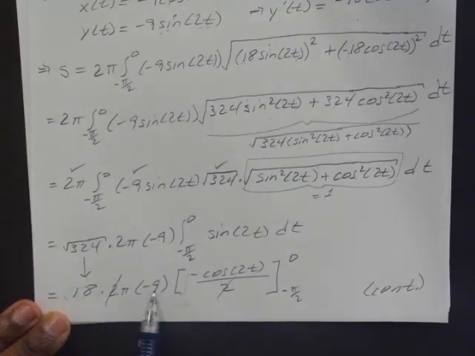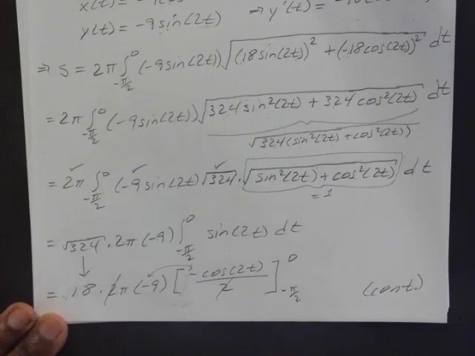Okay, so we have 18 times negative 9, but these two negatives, we can just go ahead and cancel those out because they just multiply to give us positive 1. That gives us 18 times positive 9, which gives us positive 162. And we can't forget that little pi that's hiding in there.